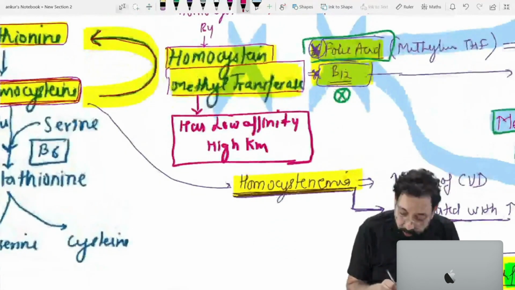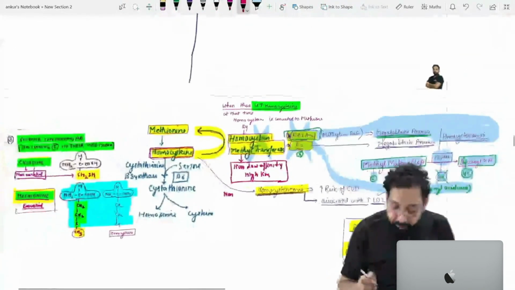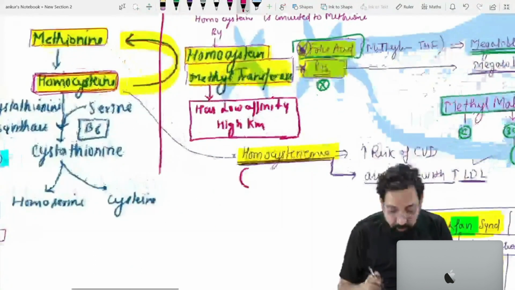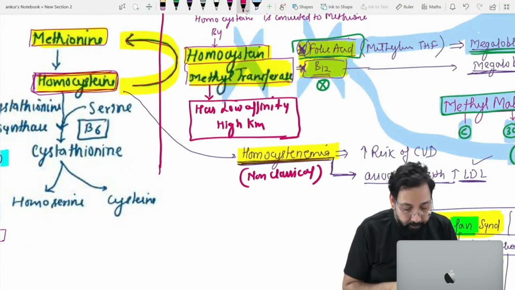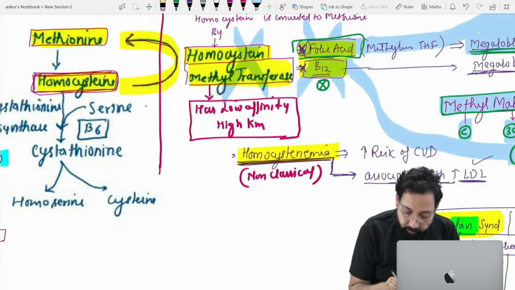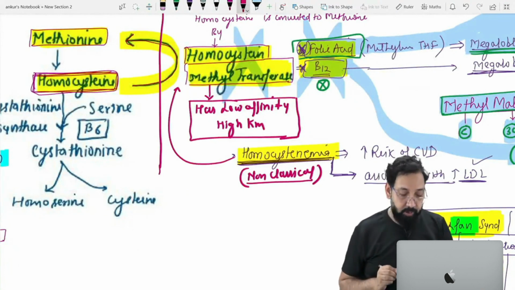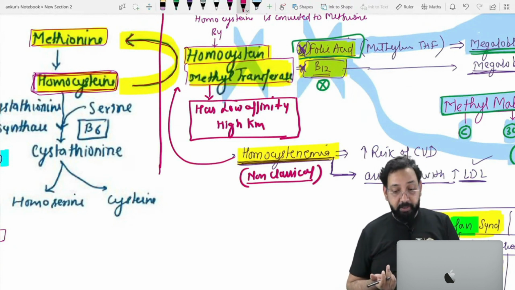This part, whatever I have discussed, this homocysteinemia is non-classical. What is classical homocysteinemia? Let me explain.